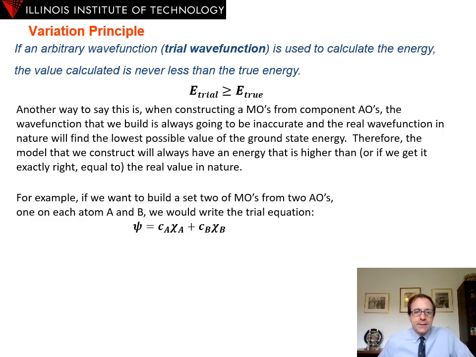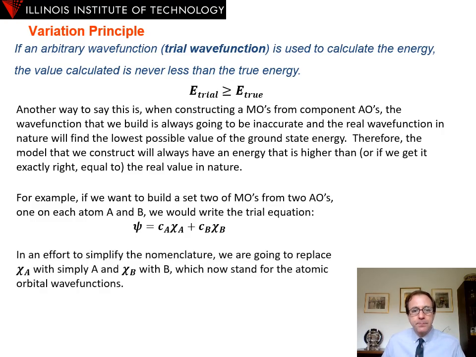So if we're doing this with two wave functions, our trial wave function, that is the molecular orbital wave function that we will create, psi, will be made up of an atomic orbital's wave function, which we'll call chi sub a, times its coefficient, c sub a, plus chi sub b times its coefficient, c sub b, right? So that's how we're going to build our molecular orbital wave functions.